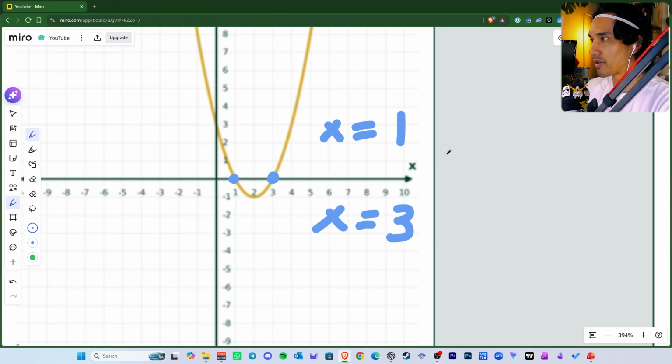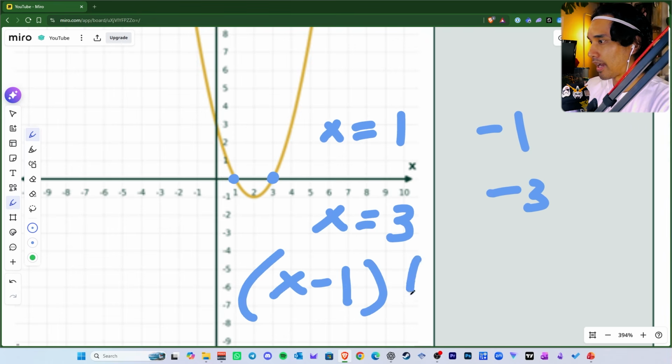And remember, it's reversed when we write it, when we factor, right? When we factor, we got negative 1 and negative 3. And that actually looks like this, x minus 1 and then x minus 3. We use the zero product rule.